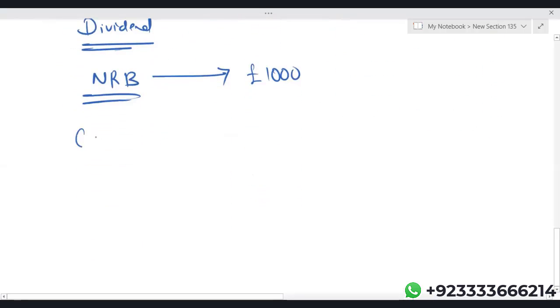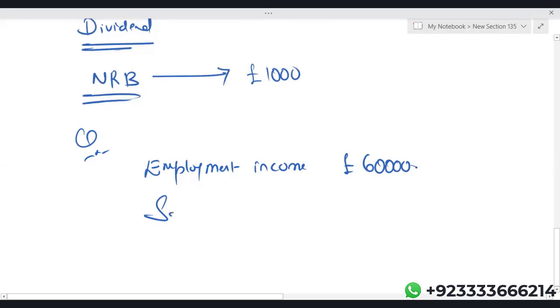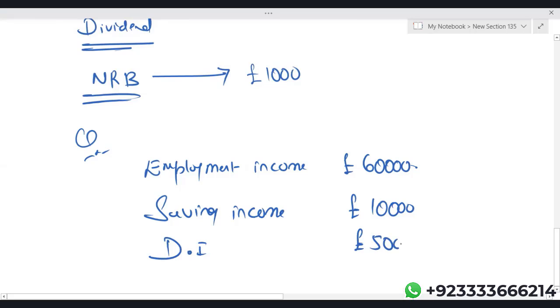Now, for example, let's say we have employment income, which is a non-saving income. Saving income simply means the interest income, and dividend income means dividend income. Assuming the employment income is 60,000, saving income is 10,000, and dividend income is 5,000.